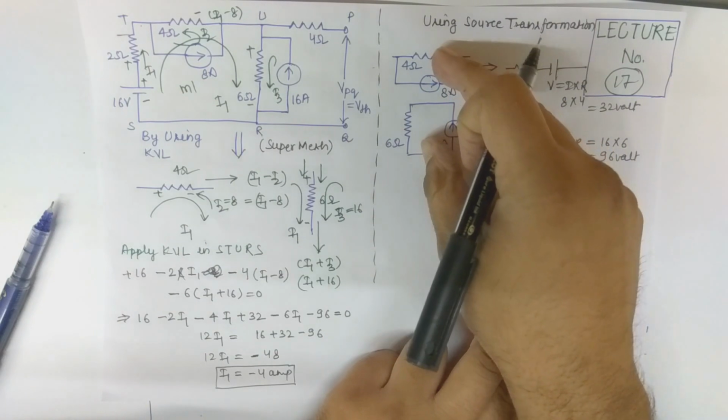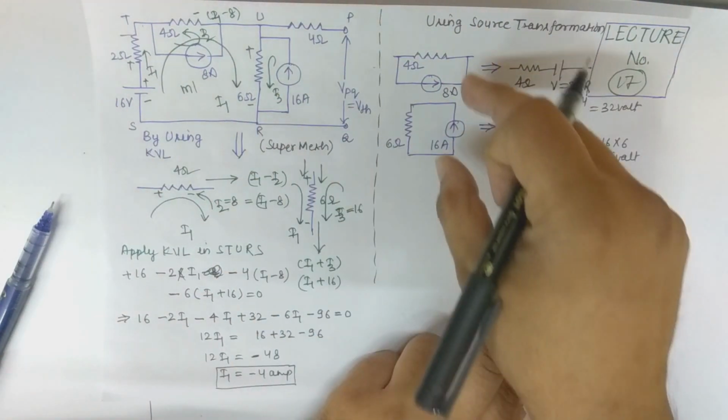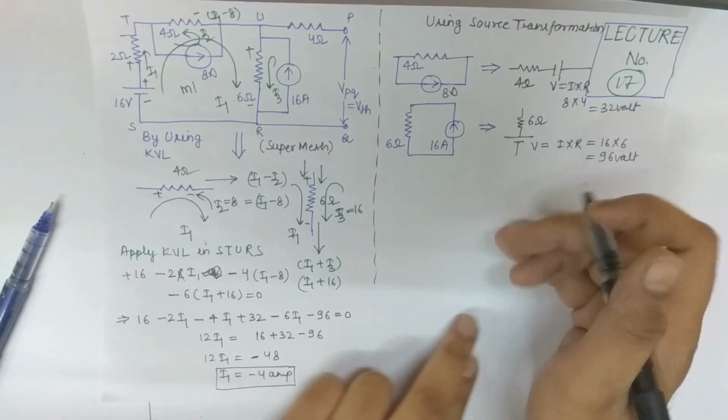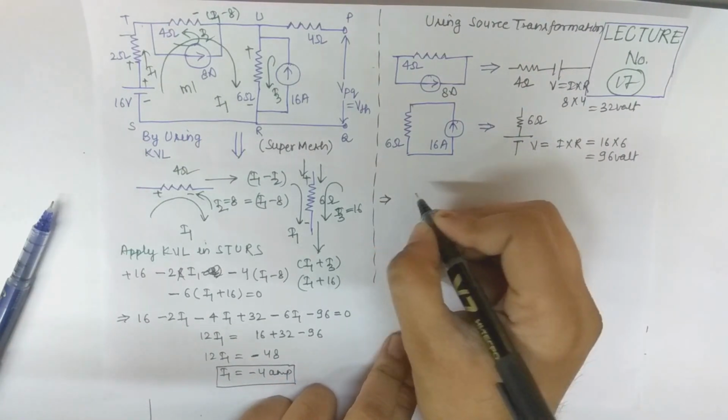Now these two are connected, are again replaced by this into this. So make again redraw the circuit.